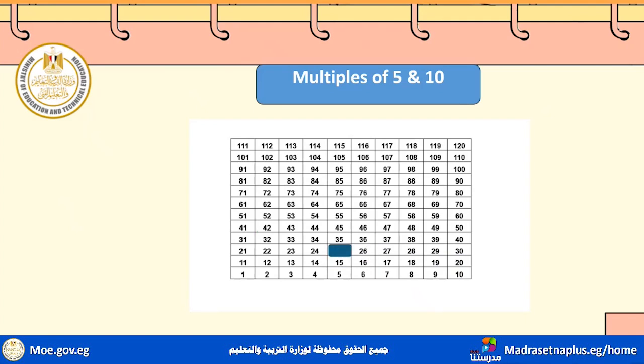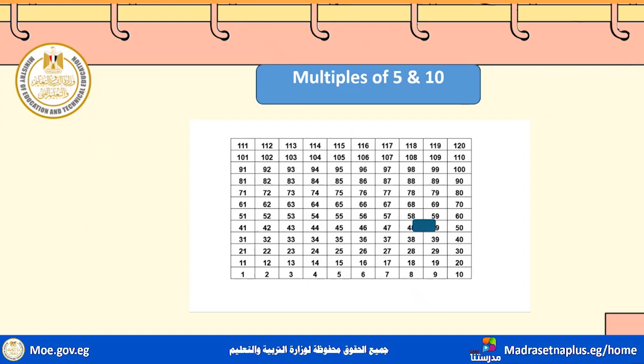Which number will be the next? 30. Great. Which number will be the next? 35. Well done. Which number will be the next? 40. Awesome. Which one will be the next? 45. That's right.